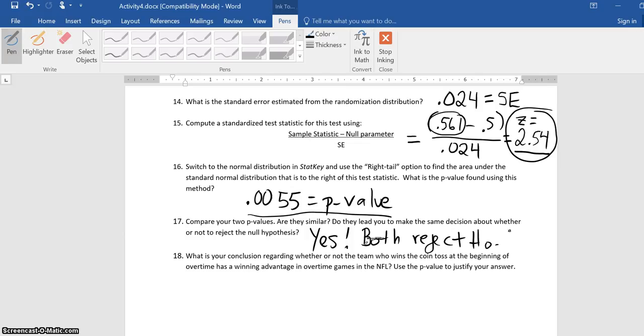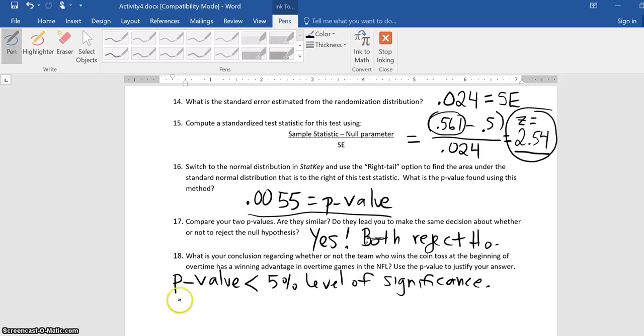So our conclusion is rejecting the null hypothesis in favor of the alternative that p is greater than 1/2. My p-value is less than my 5% level of significance. It is unlikely that I would see data like this by chance if the null hypothesis were true.